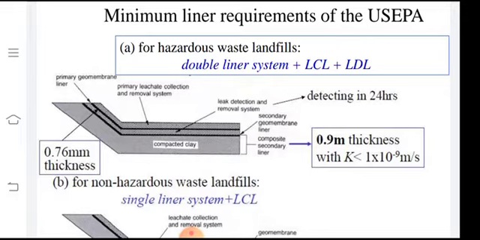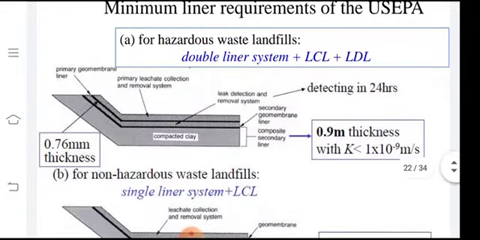For hazardous waste landfill, this is the category we were talking about earlier. This category is supposed to have a double liner system plus LCL. LCL is the leachate collection, and LD is the leachate detection liner.